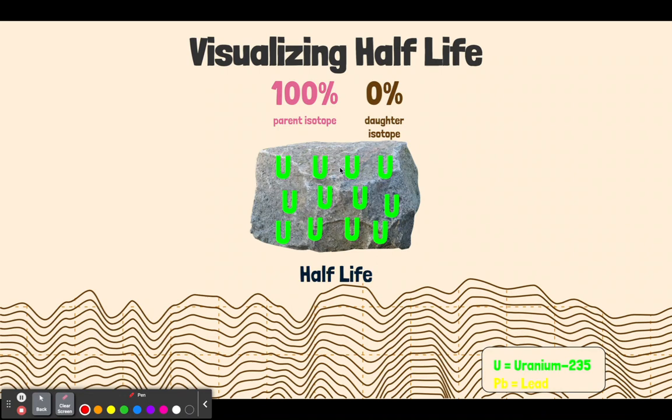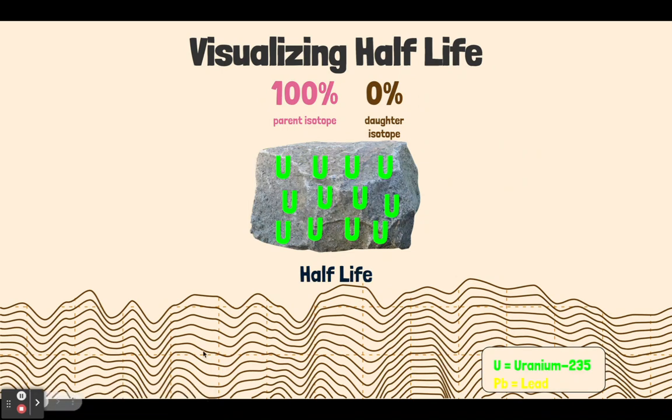If it never broke down into lead, right, you have, out of the 12 atoms that are in this rock, 12 of them are uranium. That means you have 100% of the parent isotope. It hasn't broken down into the daughter isotope, so you know that no half-lives have gone by, and this is a brand new rock. Probably was just solidified. You might live next to a volcano if you found that.